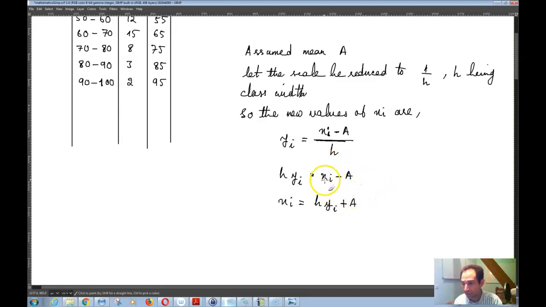And if you keep going with this formula, since x of i is equal to h times y of i plus a, then your x bar is going to be equal to sigma f of i times x of i, which is h times y of i plus a, divided by sigma f of i.